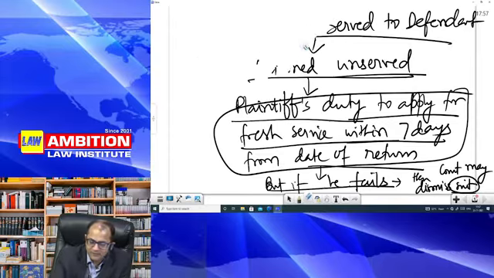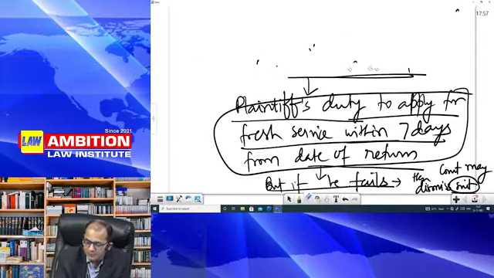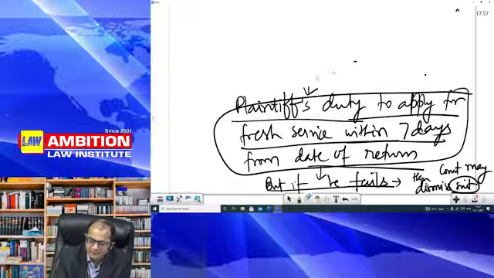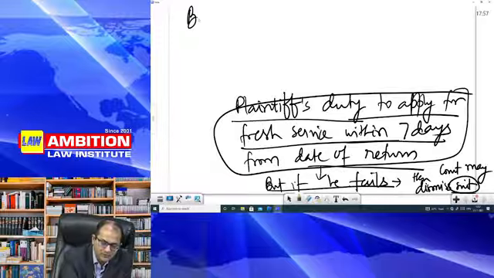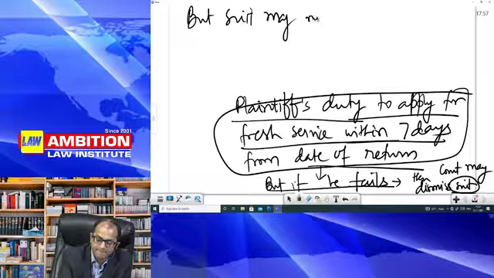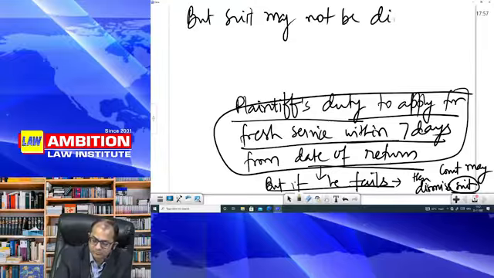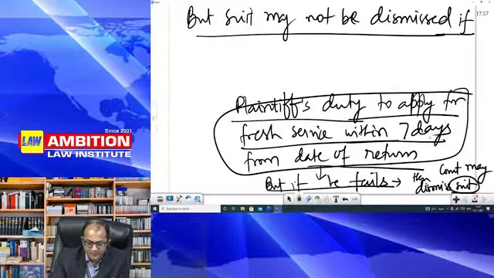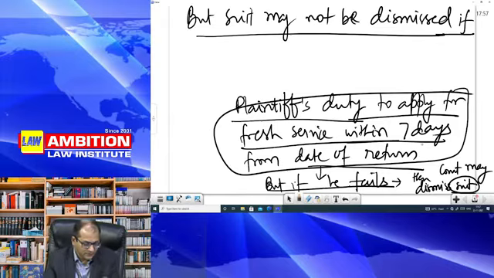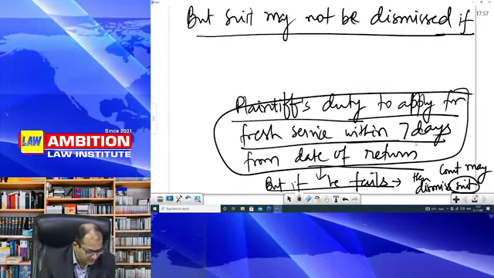So the exception is there in Rule 5, which says the suit may not be dismissed. The suit may not be dismissed if what?